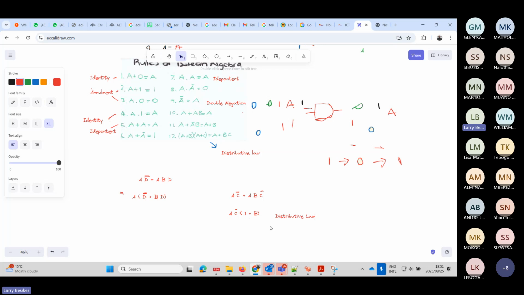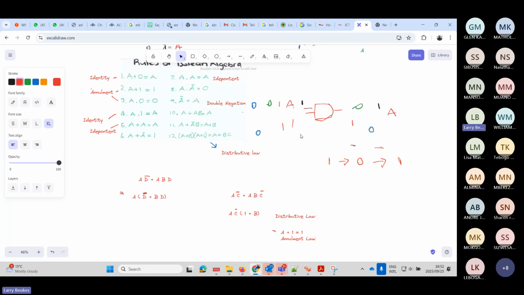So here for this 1 plus B, I saw in one other memo that they also said this. They said, because you need to give an explanation, right? So now they just put A plus 1 is equal to 1, right? So now you can also do this. A plus 1 is equal to 1. So I saw this in your memo. So it means it is allowed. Or you can just mention the law name, which is annulment law, right?